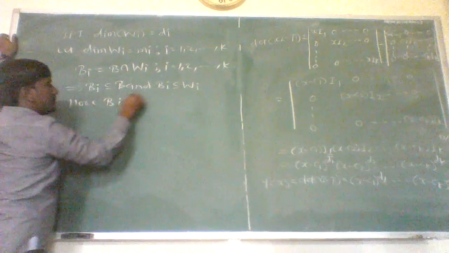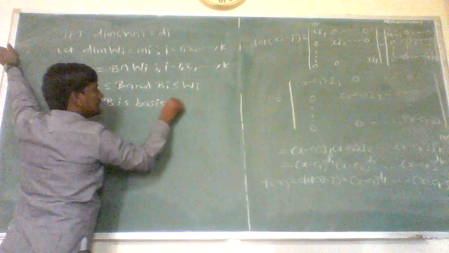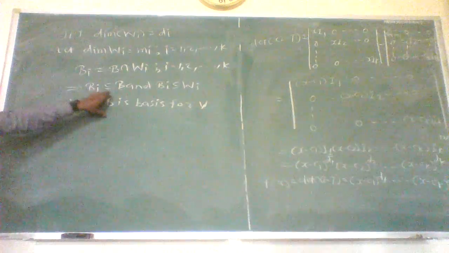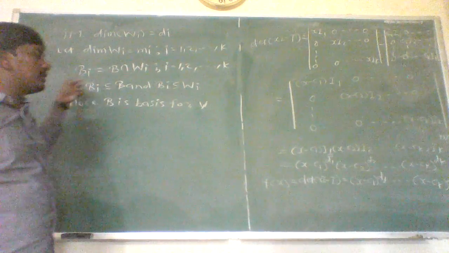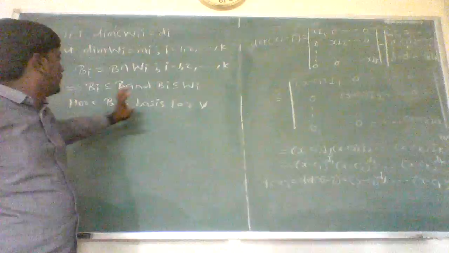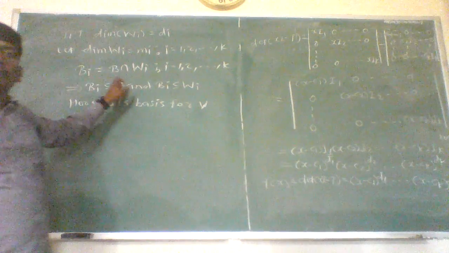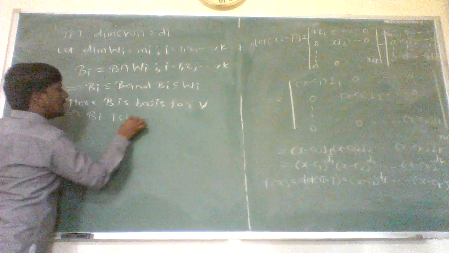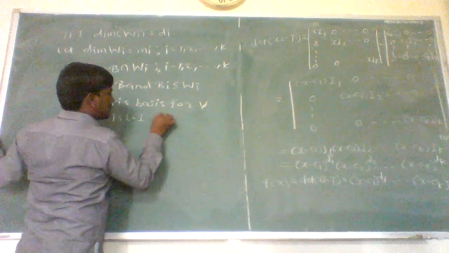Curly B is a basis for V. As it is a basis, curly B is linearly independent, and every subset of a linearly independent set is linearly independent. As Bi is a subset of B, this implies curly Bi is a linearly independent subset of V.